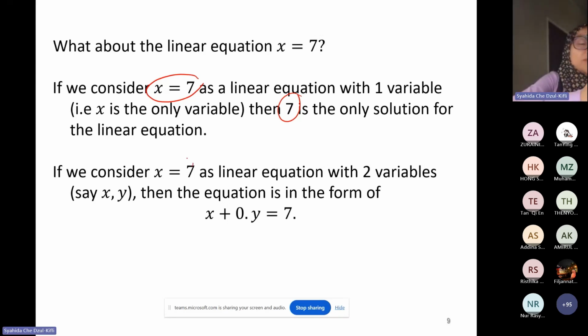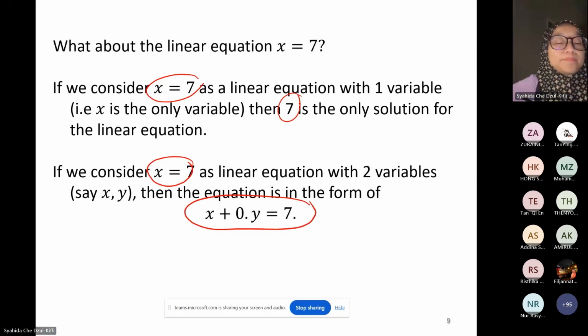So these equations are equal. The coefficient of y is 0.